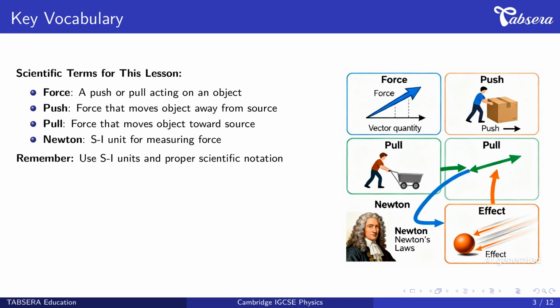When you push a door, you apply force to move it away from you. Third, pull, which means a force that moves an object toward the source. When you pull a rope, you apply force to bring it toward you. Fourth, newton, which is the SI, International System, unit for measuring force, abbreviated as capital N. Understanding these terms precisely is crucial for physics success.